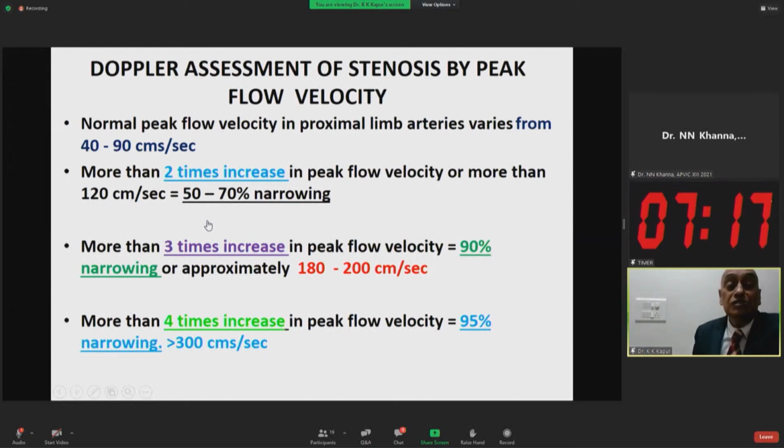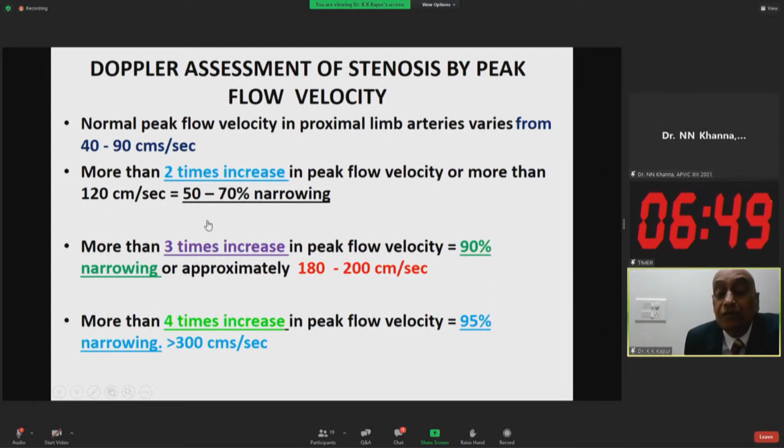So when you assess the Doppler for the peak flows, the normal peak velocity in the proximal limb arteries varies from 40 to 90 centimeters per second. More than 2 times increase in the peak velocity or more than 120 centimeters per second is equivalent to 50 to 70% narrowing.